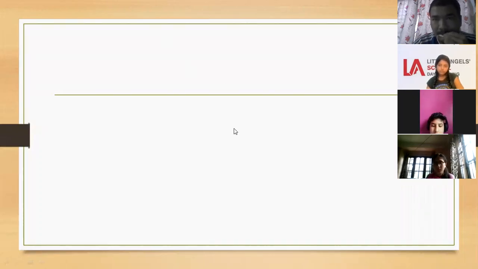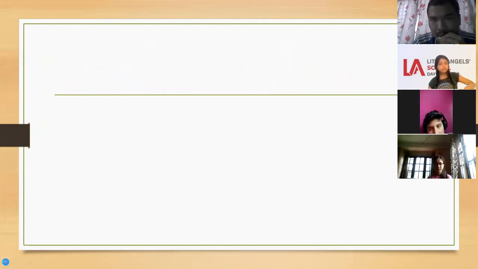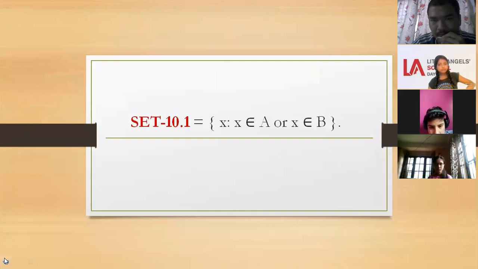Okay, children, look here. This is the question from the book. I had just told you there. In question number 1, a Venn diagram is given. I just explained that on the board. And for question number 3 and 4, what is given in question number 2?